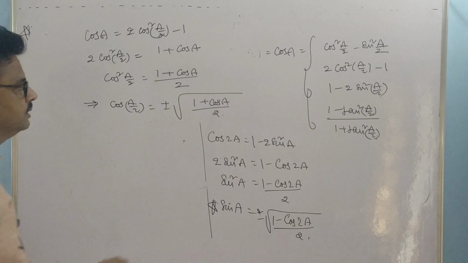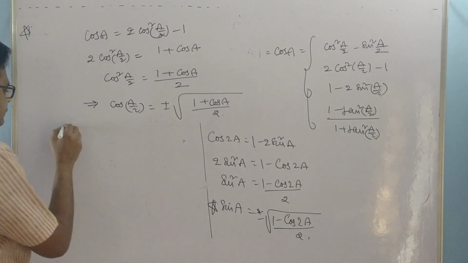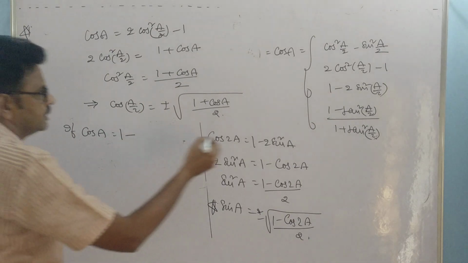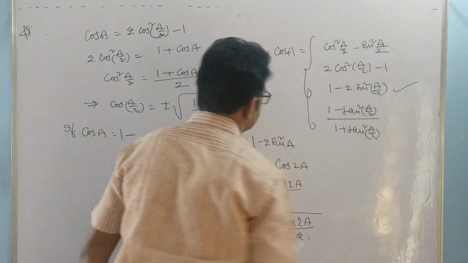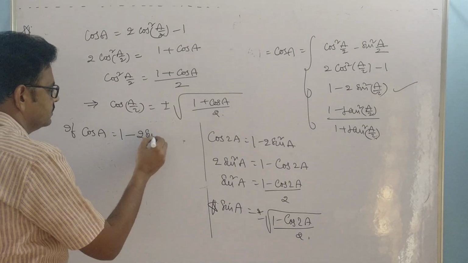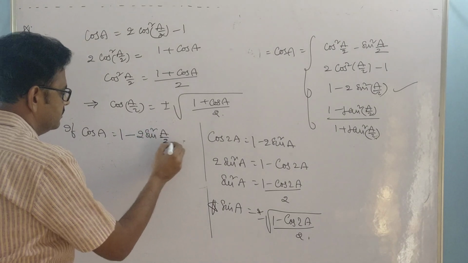And similarly, if cos A is equal to, you take this formula, cos A equal to 1 minus 2 sin square A by 2.